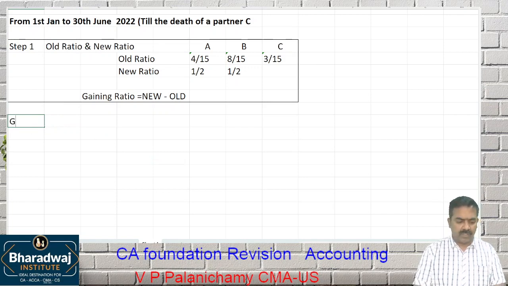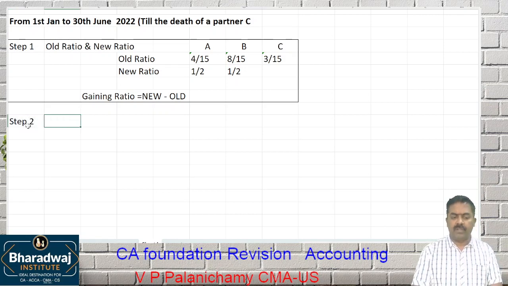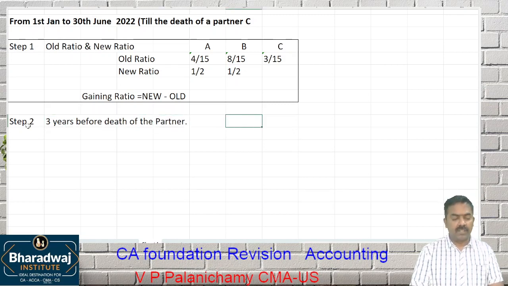How to value the goodwill? Be clear, be careful. The question gives 3 years before retirement, before the death of a partner. Partner died on what date? 30th June 2022.